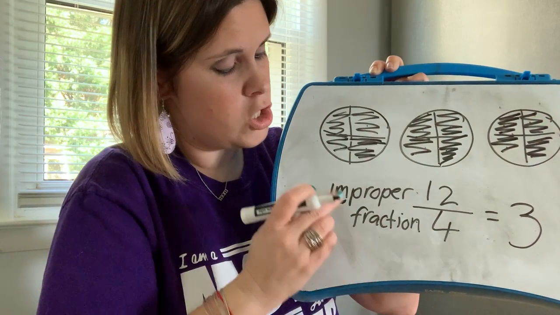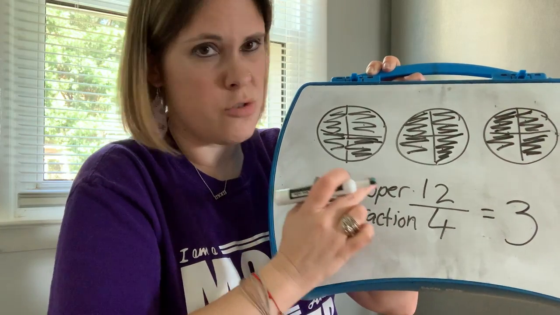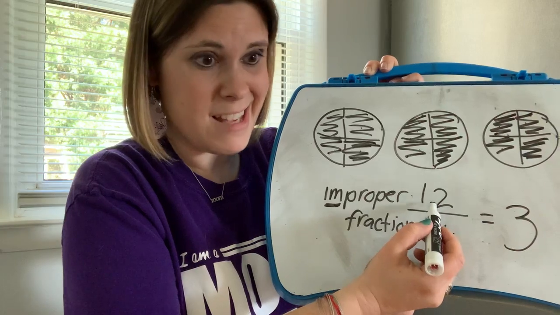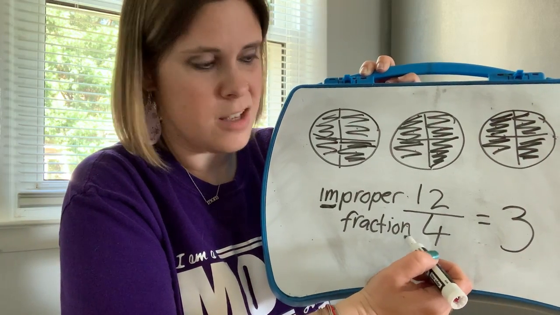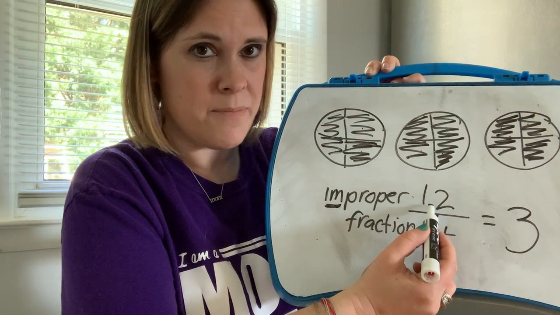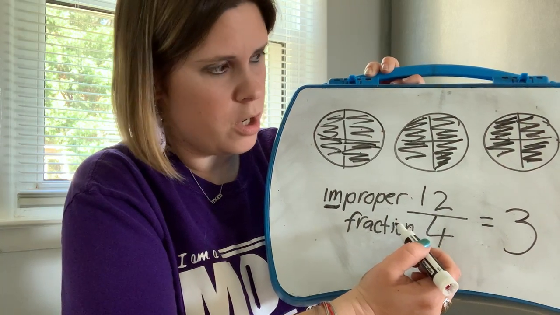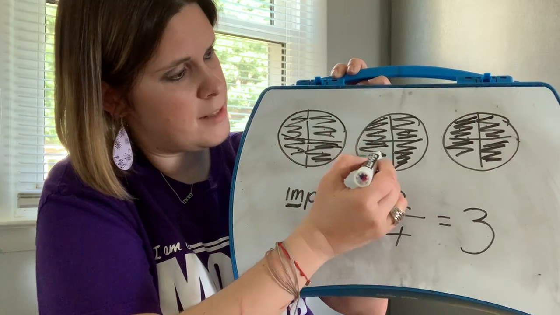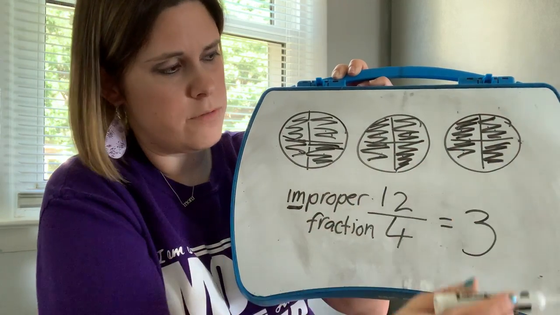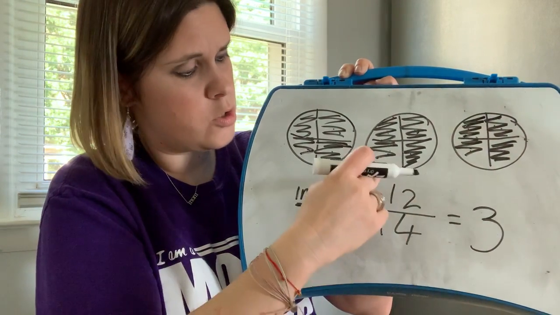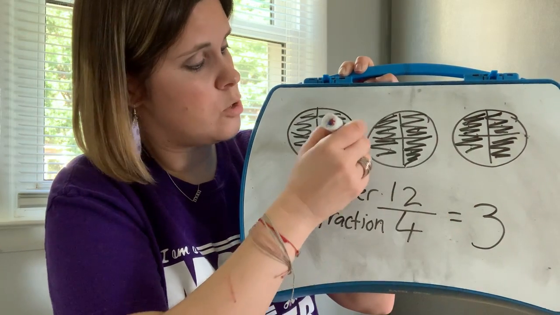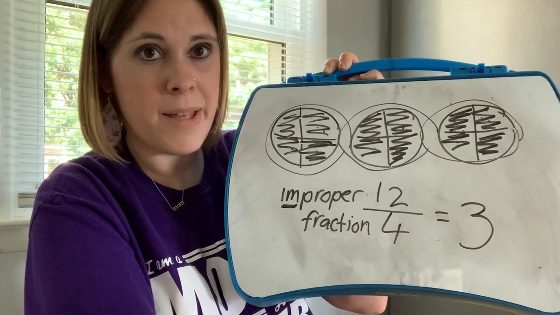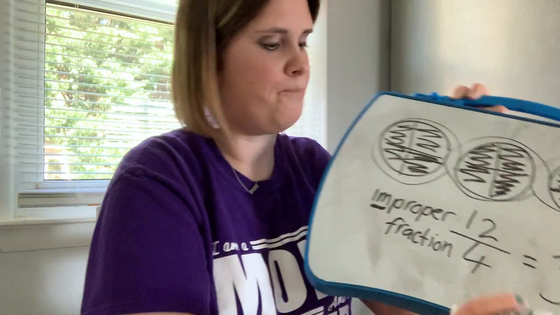It actually means not proper, not right. Because in a normal fraction, your numerator is less than your denominator, but here it's not because it's bigger, which means that I've got more than one whole. So 12 fourths, 1, 2, 3, 4, 5, 6, 7, 8, 9, 10, 11, 12. They're each split into fourths. So 12 fourths is actually equal to 1, 2, 3 whole pizzas. Okay, let's try another one.